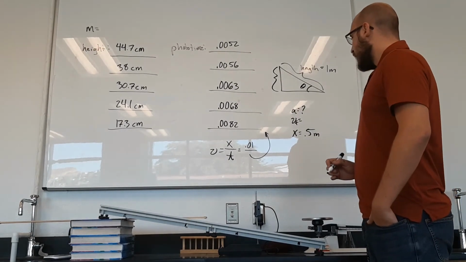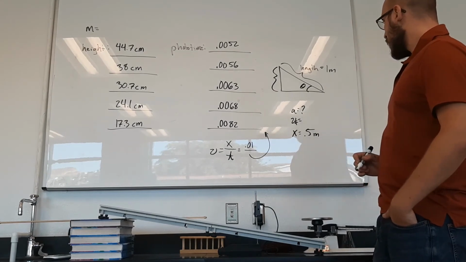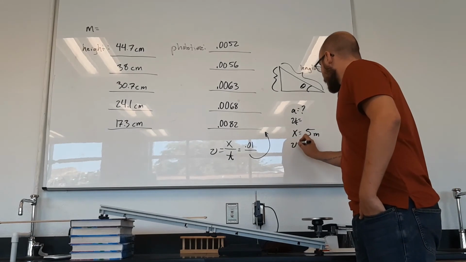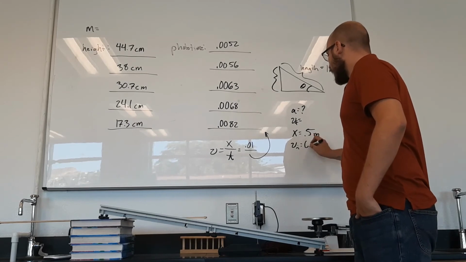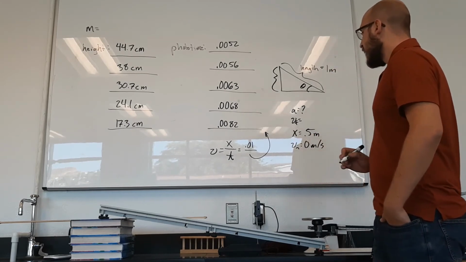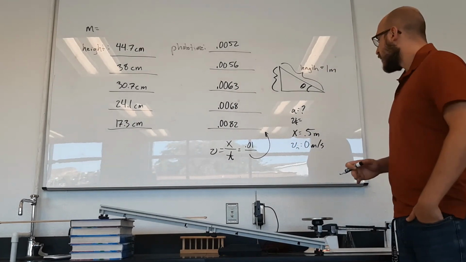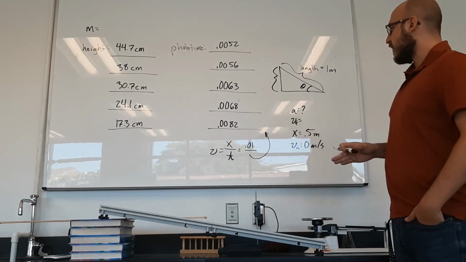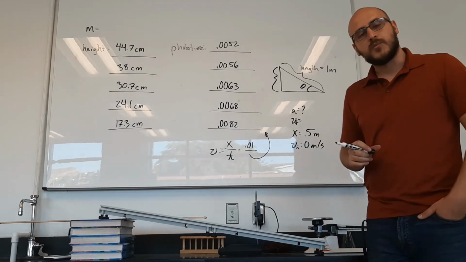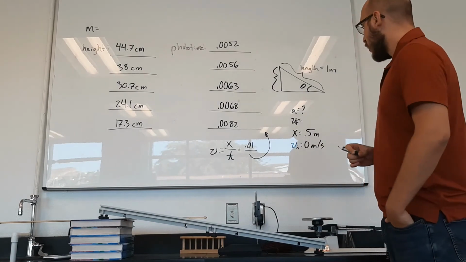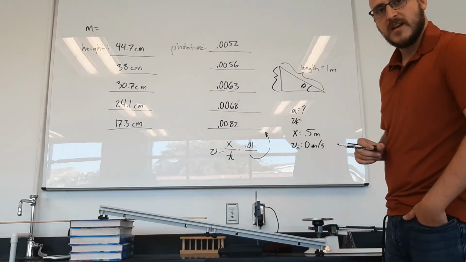All right, and then the other thing that we will know is initial speed. Initial speed of 0 meters per second. Okay, so once you've got your final velocity here, you'll know distance, initial speed, final velocity. Looking for acceleration, you're probably going to want to use your formula C to solve for that acceleration.